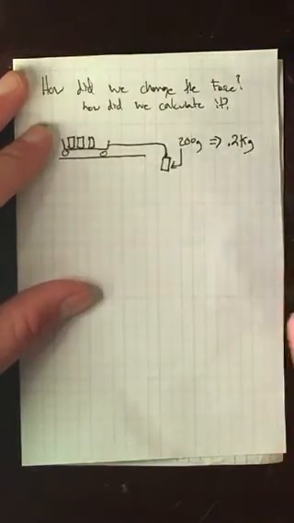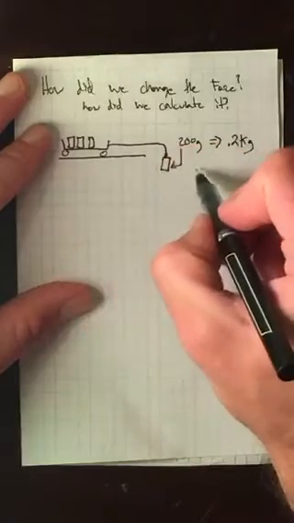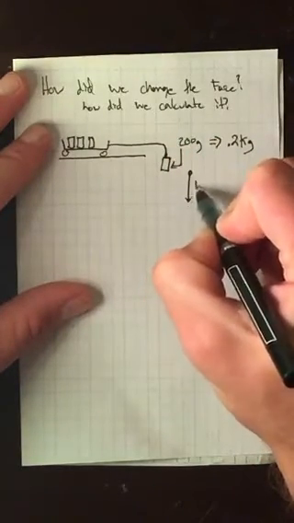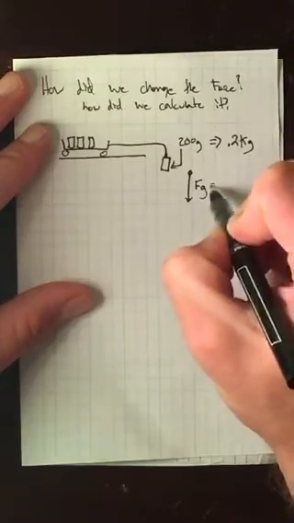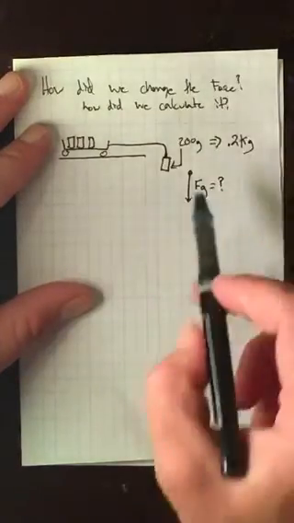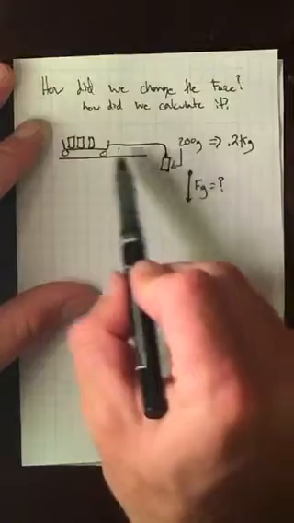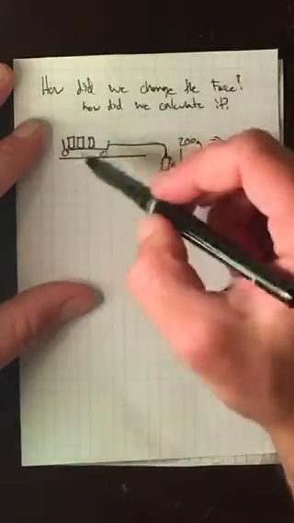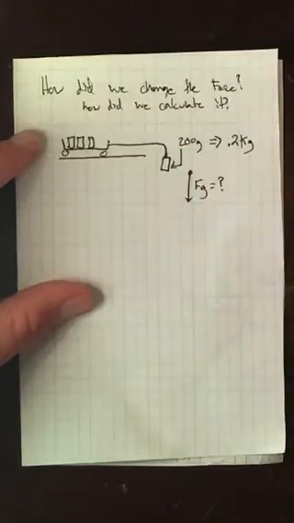Well, I'll draw the free body diagram here. What is that force due to gravity? Because this is what creates the whole net force on the system, which pulls the cart down, and that's how we measure the acceleration.